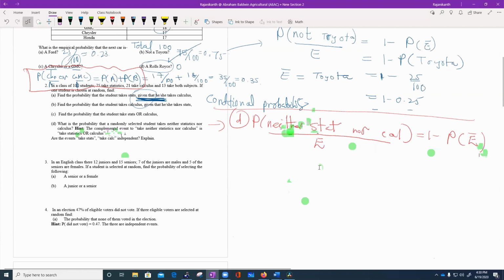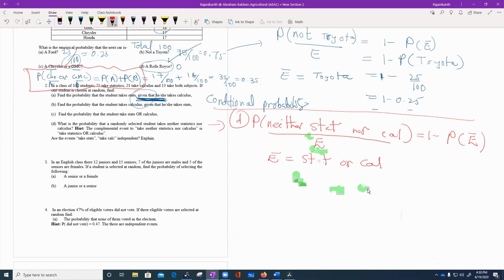Therefore, if your event E is neither stat nor cal, your event E bar is going to be stat or cal. The negation of the statement E is going to be E bar. Is that true for all situations? True for any event.